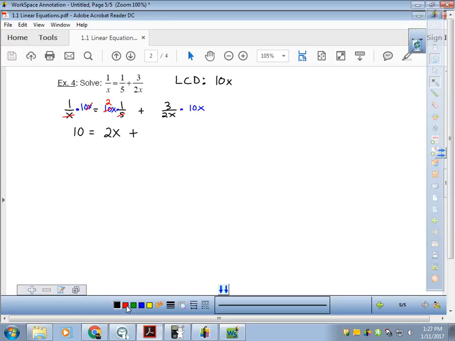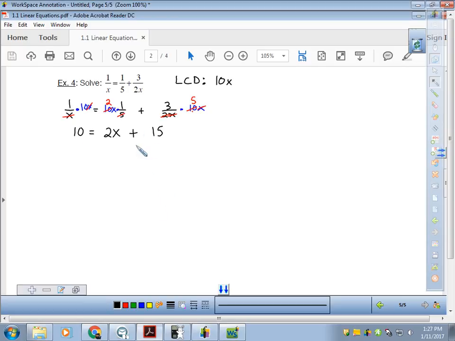Plus, over here, the x can cancel with the x, and the 2 can cancel with the 10. How many times does 2 go into 10? It goes into 10 5 times. So what we have is 3 times 5. 3 times 5, that's 15.